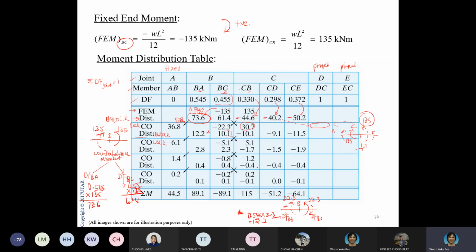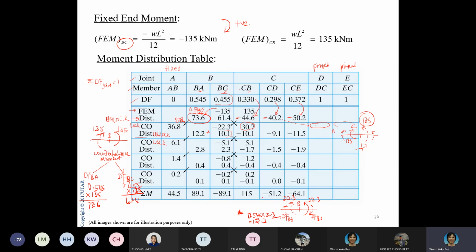The only way I think you can do it is by practicing on your own and seeing the kind of accuracy. For the exam, I would not expect you to go into two or three decimal places for the internal moments anyway.